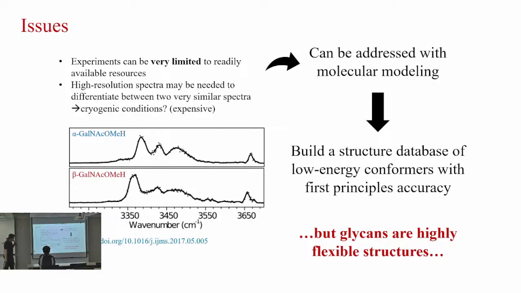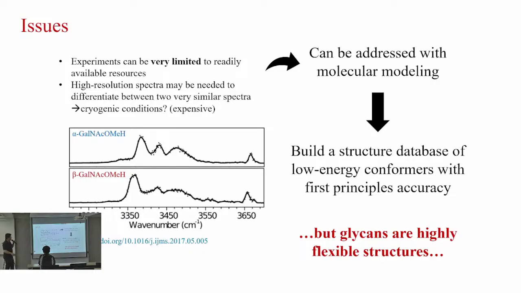Okay, now the issue here is that we admit that the experiments can be very limited, right? And not only limited by the availability of, let's say, an instrument, but also the availability of the actual sugars. So usually you will be limited to what's already available commercially.